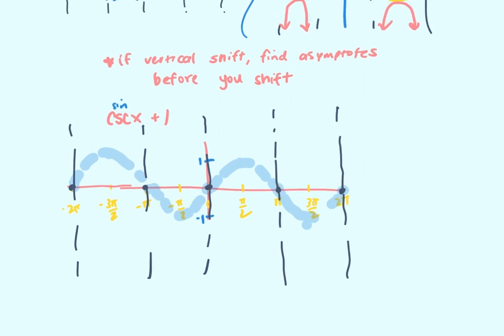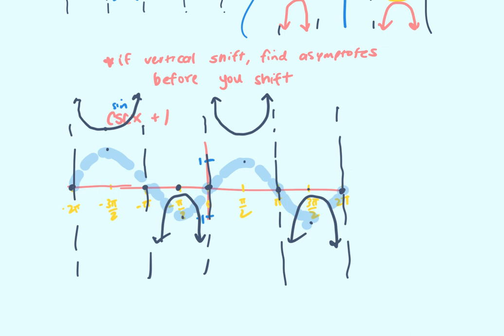Now I would take all these points and shift them up 1. And plot my curve. Take this, shift it up 1. Plot the curve. Take this, shift it up 1. Plot the curve. Take this and shift it up 1. And plot the curve. So my sine curve would now be up here.